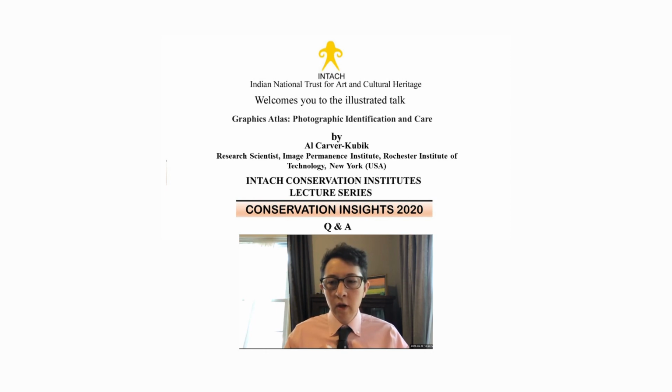With negatives, the first thing you'll want to do is identify which side has the binder and the image on it. The side with the binder and image will be less glossy. It'll have a slightly different characteristic.